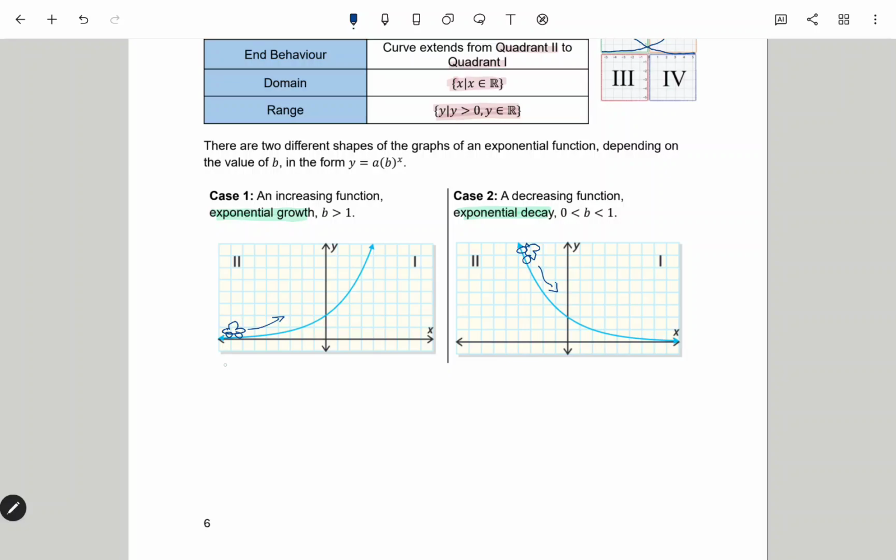So from left to right goes uphill, that is growth. From left to right goes downhill, and that is exponential decay.